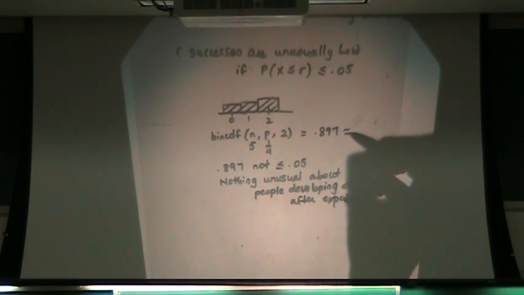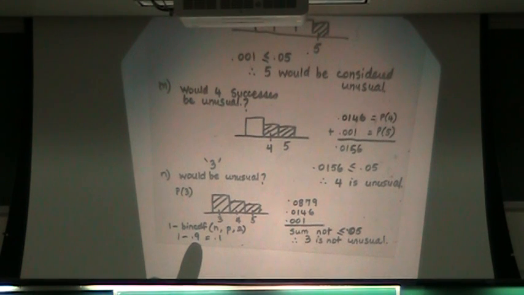This is roughly 0.9, so my answer is roughly 10%, which is not less than 5%. Don't worry about the third place after the decimal. Roughly speaking, is it less than 5% or greater than 5%? It's double 5%. Get it?